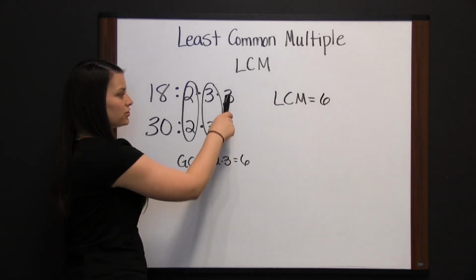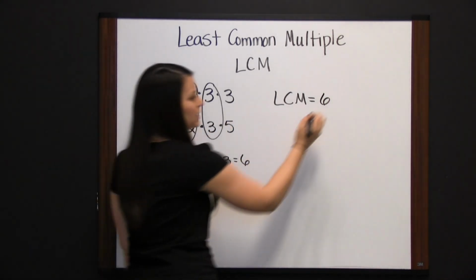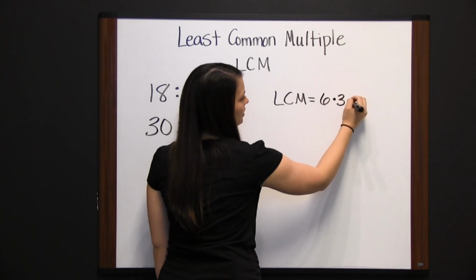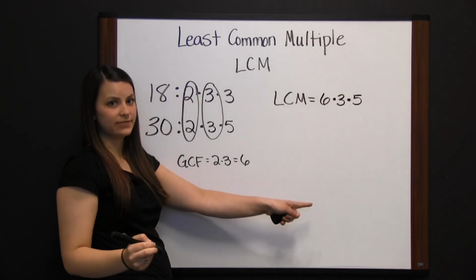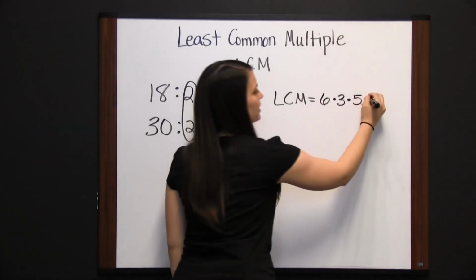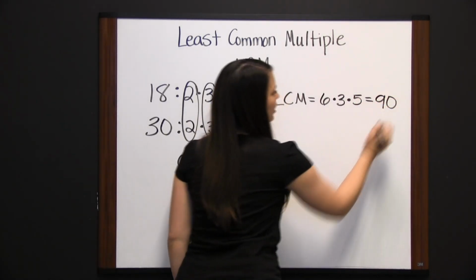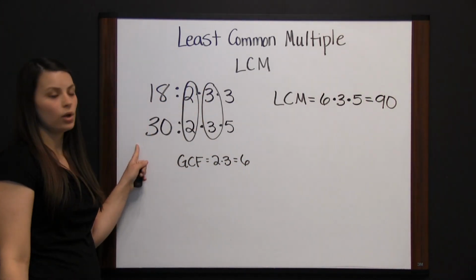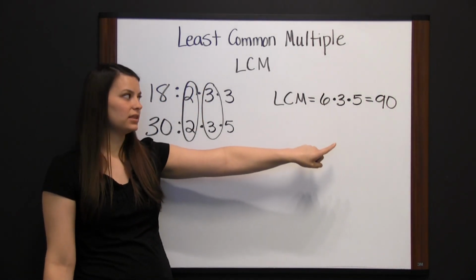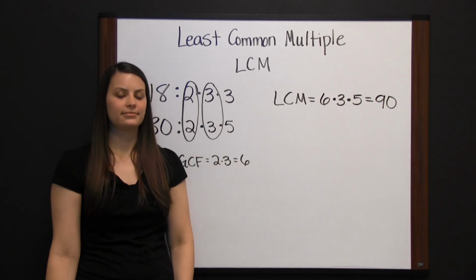The remaining factors are 3 and 5. So 6 times 3 times 5. 6 times 5 is 30. 30 times 3 is 90. So the smallest number that 18 and 30 will both divide into evenly is 90.